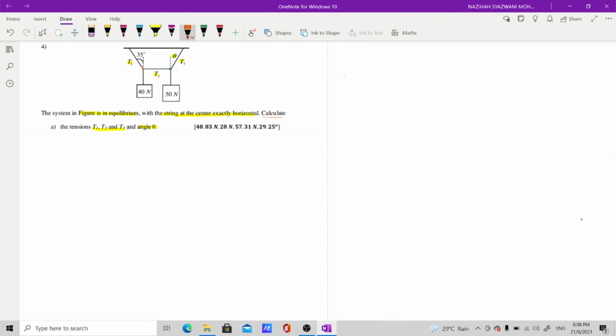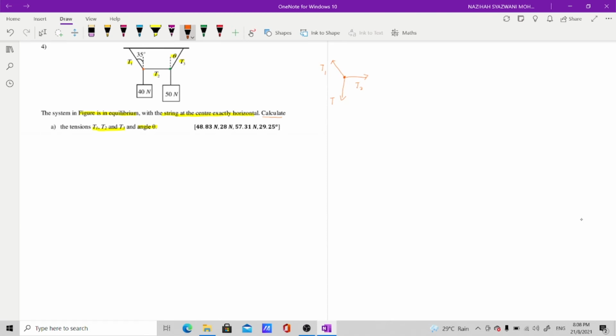So let's start with point orange. So this is my first point. So we have tension T2 to the right. We have T1. And we have here another tension. I'm just going to put this one T, okay?